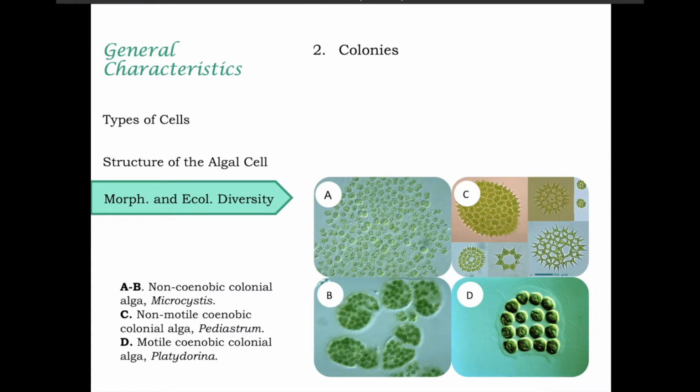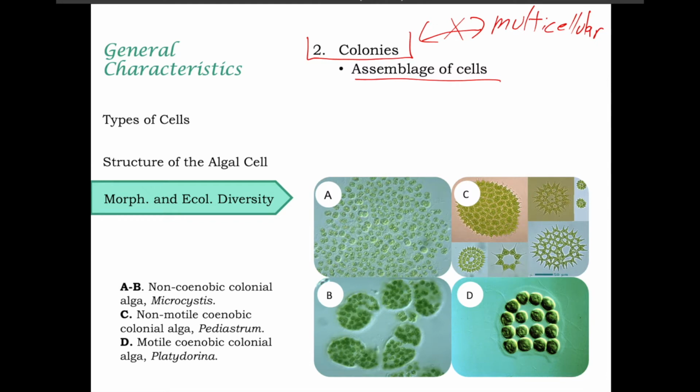We also have representatives that are in colonies. Now, what do we mean when we say colonies? Colonies are assemblages of cells. Bear in mind that colony is not synonymous with a multicellular organism.